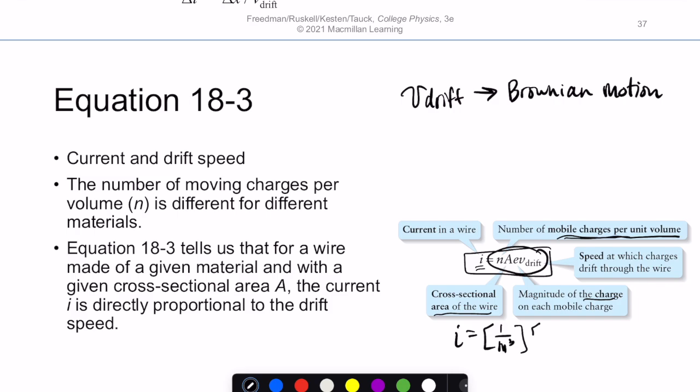A is a cross-sectional area, so that's meters squared. E is a charge, Q, or C, coulombs. And then finally, a speed or velocity is meters per second. So you can see that these meters combine to meters cubed, cancel out with this, and what we're left with is coulombs per second, which is the units of current.